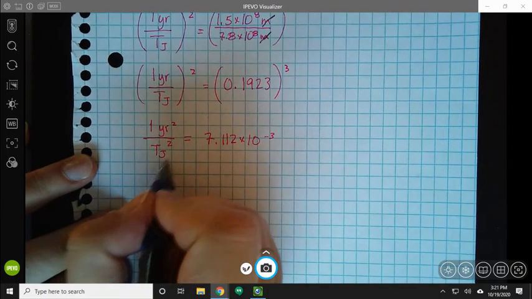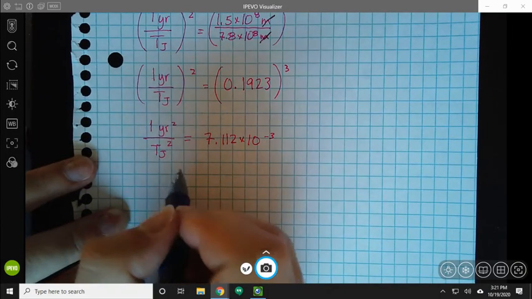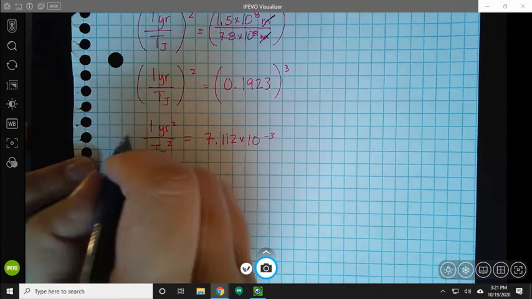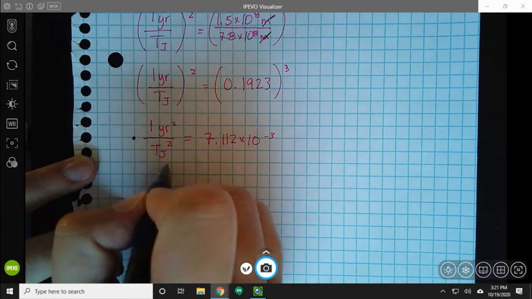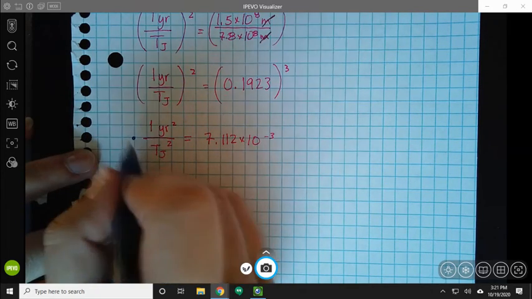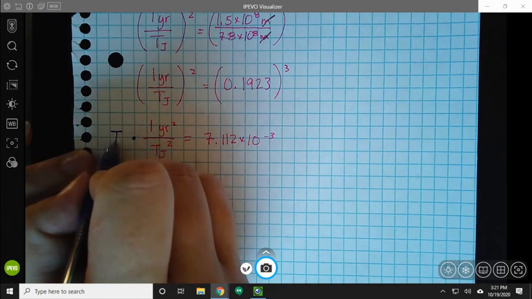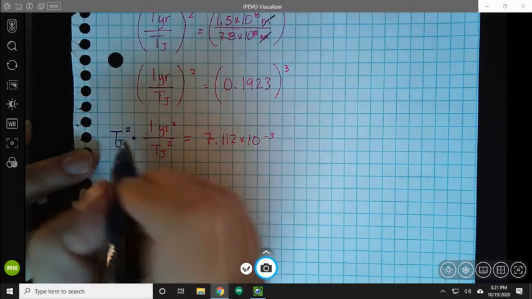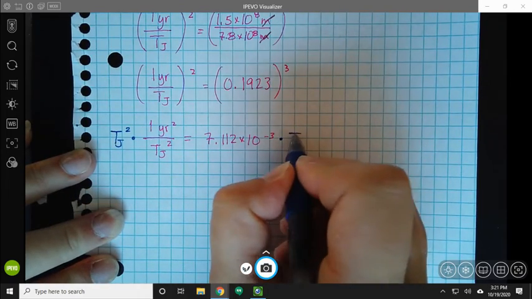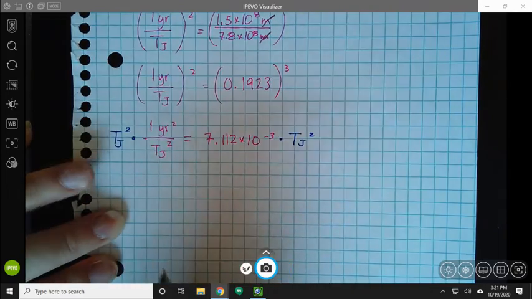All right, now I need to get the Tj out of the denominator here. So the Tj is sitting down here in the denominator. That's not going to help me in solving. I have to get it into the numerator, or I really have to get it on a side by itself. So I'm going to multiply this side by Tj squared, and multiply this side by Tj squared.